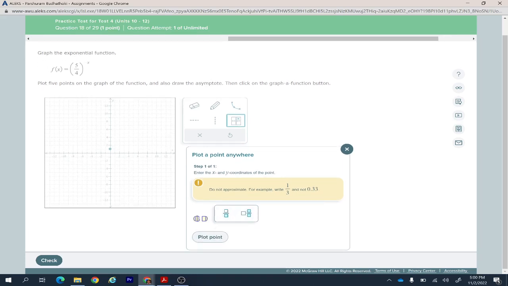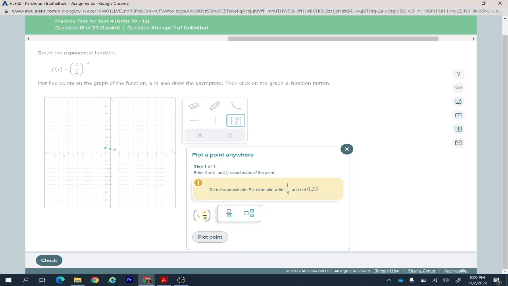If x is negative 1, the y value would be 5/4 to the power negative times negative, which is positive, so it will give me 5/4. If x is positive 1, then y would be 5/4 to the power negative 1, which is eventually 4/5.